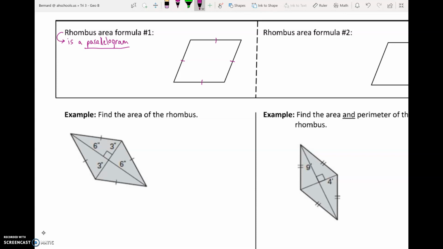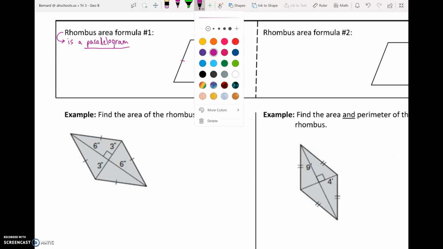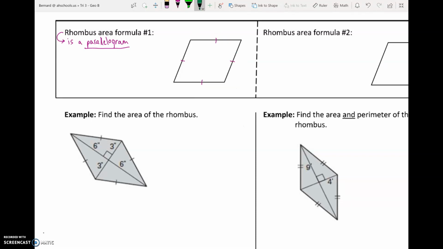And so because of that, one way to do the area formula for a rhombus is just like a parallelogram. Area is base times height. We could recognize the bottom as being the base, and there are a couple ways we can draw our heights. Our height can go from here.